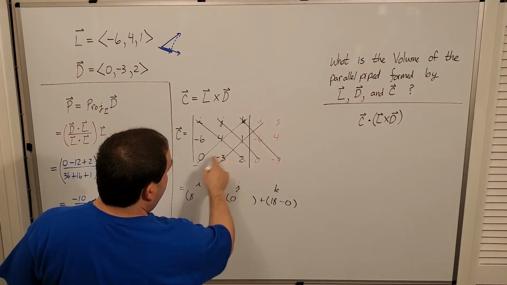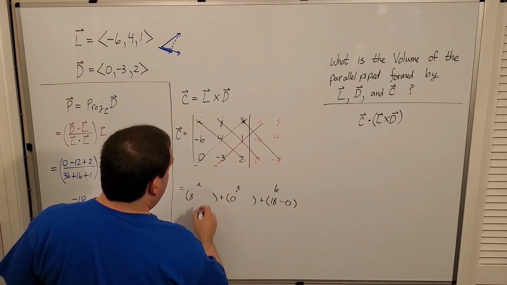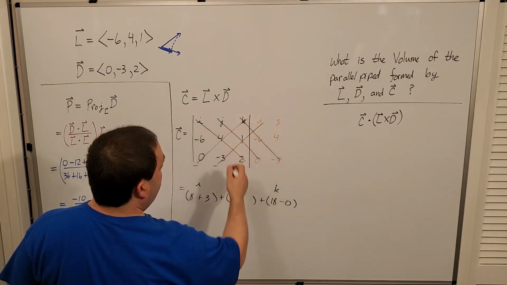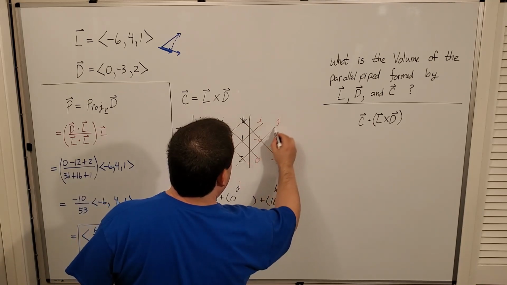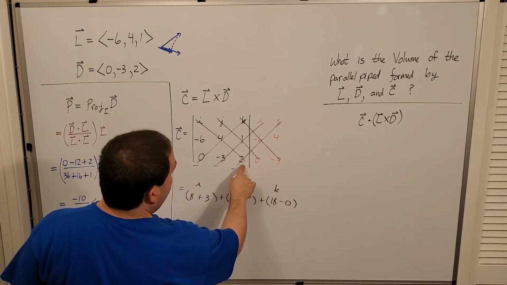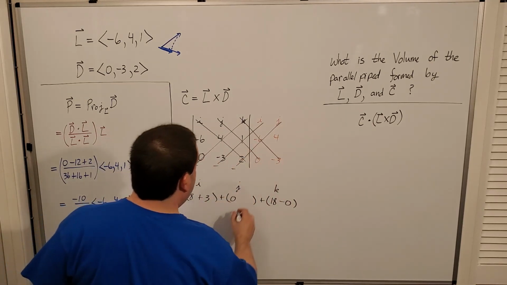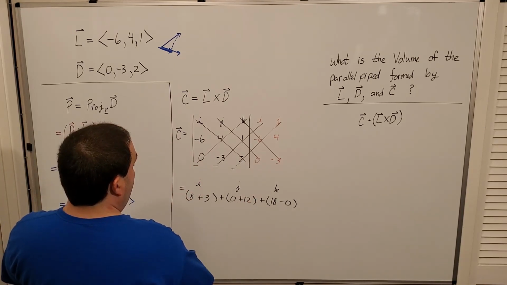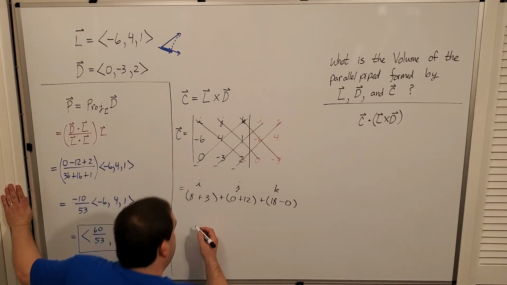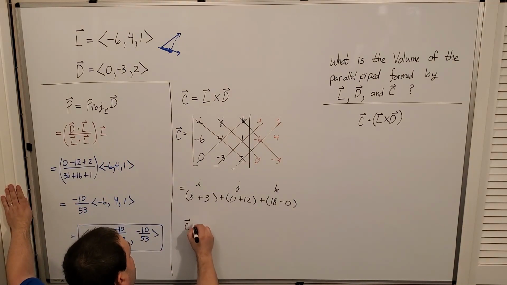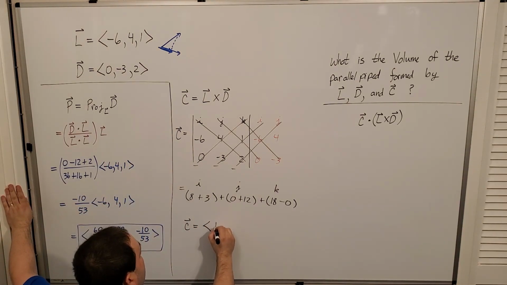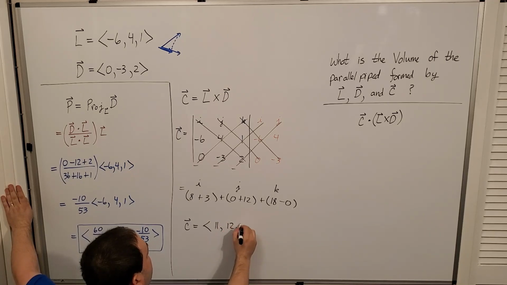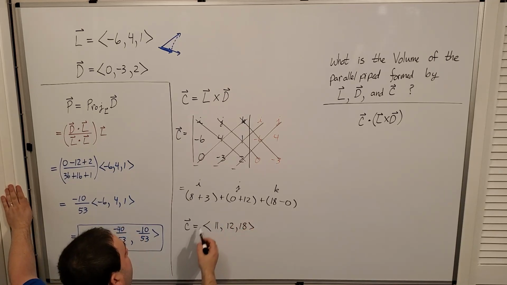Then -3 times 1, so that's +3 in the I direction, and again -2 times -6, so +12 in the J direction. So therefore my C vector here is the vector 11, 12, 18.